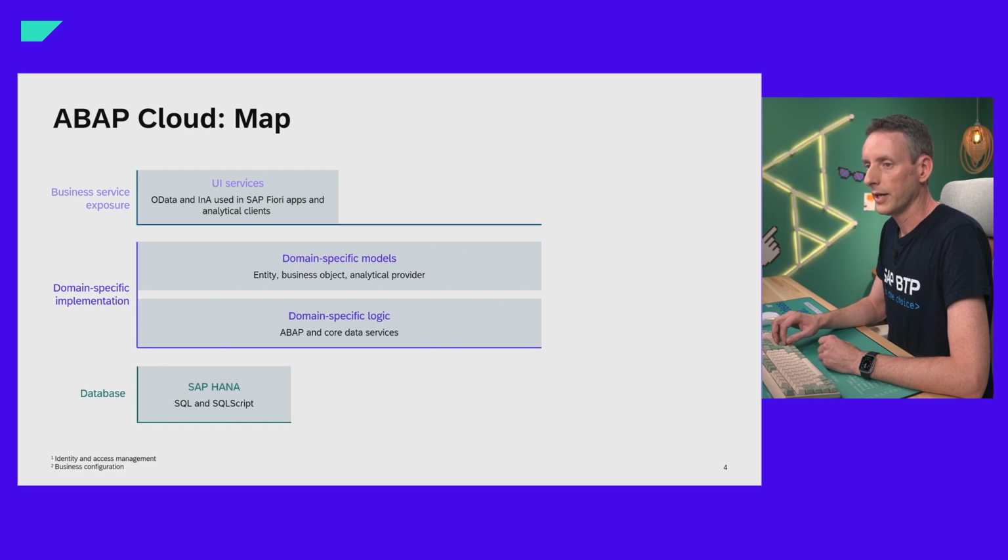When it comes to the UI exposure or the UI services, we offer the OData protocol, mainly to be used in the SAP Fiori apps, as well as allowing you to consume the UI services via analytical clients using the INA protocol, which stands for Information Access.